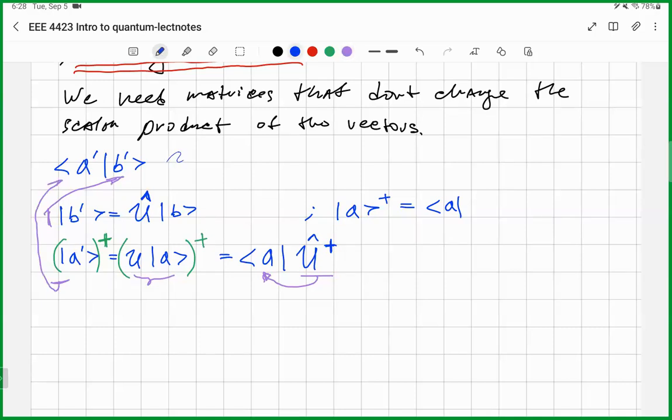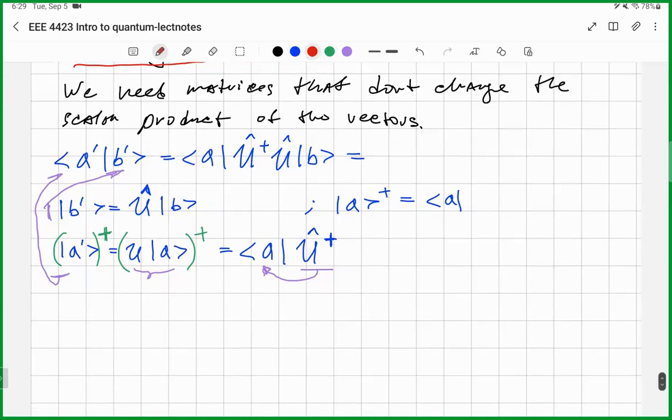So we substitute this and write a, then u dagger, then u for the b, and vector b finally. And as I said, we require this scalar product of two vectors to be unchanged after this operation u.